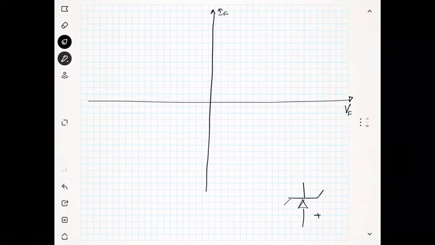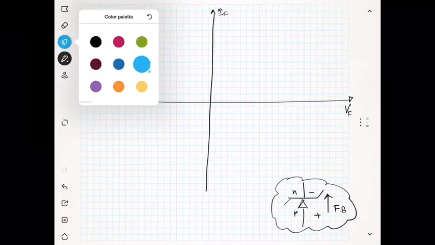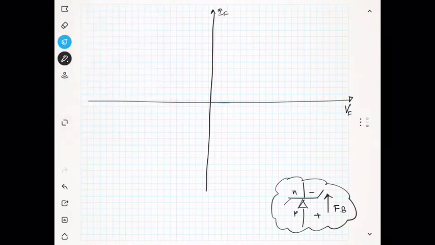This is p-type, this is n-type, and the current goes from positive to negative. So this is the forward bias, and the characteristics are like the standard diode. After 0.7 you will get the current.